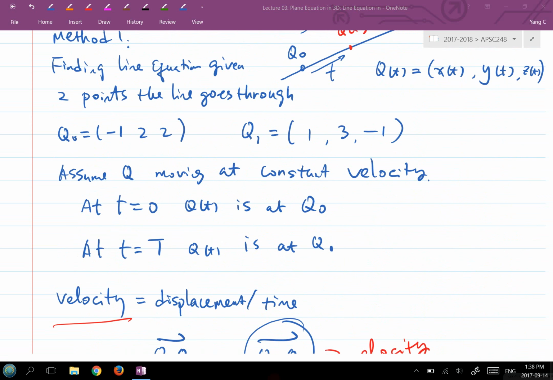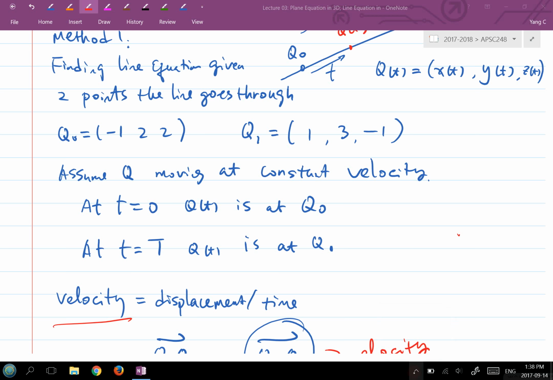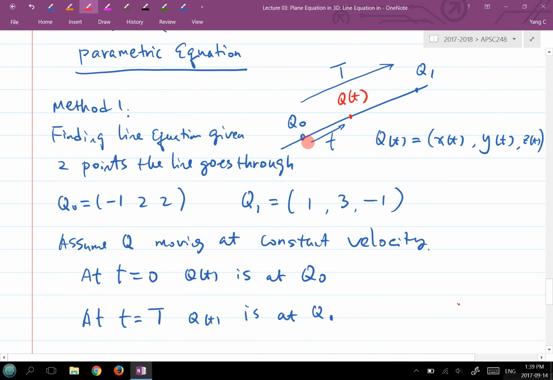Where did my pointer go? So negative 1, 2, 2 is basically the point Q naught here, right? Q naught is a point exactly on the line we're looking for.